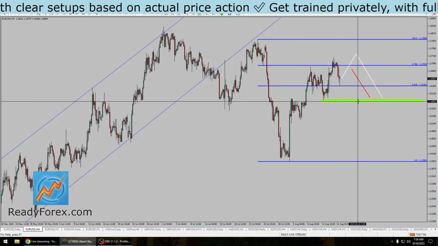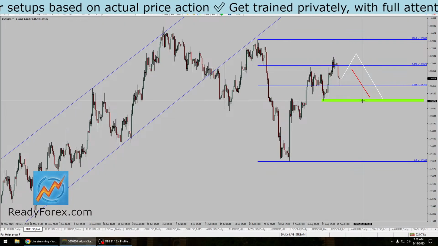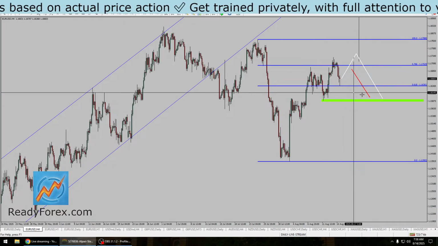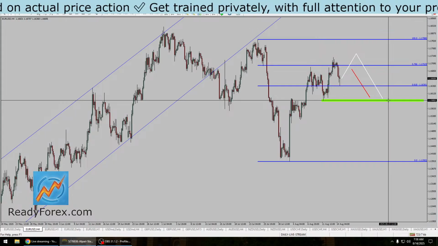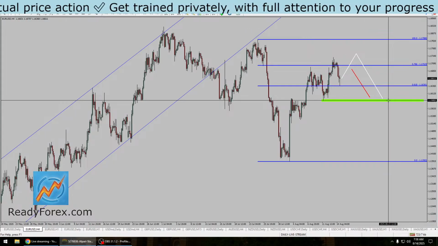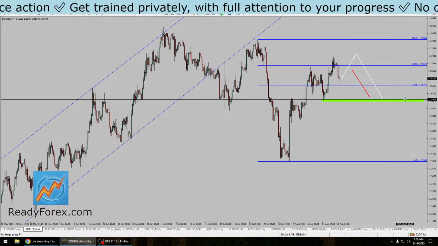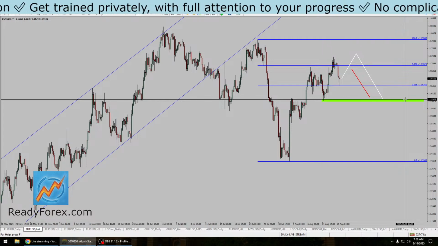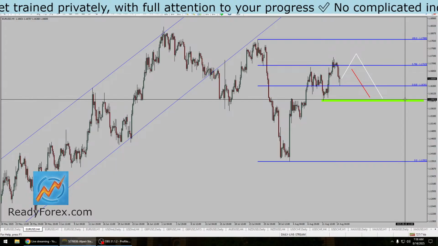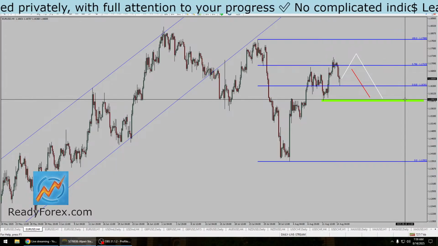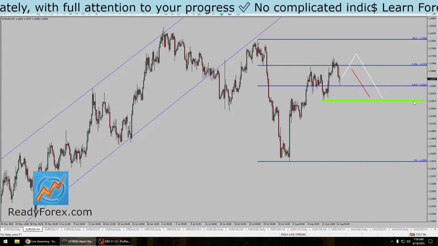If we get a break below, let's see, this one is the 4 hour. Okay, if we get a break below this green color highlighted area, this buy zone or whatever you want to name it, then market is going to drop more. Otherwise, I see price action is probably going to rise up one more time.